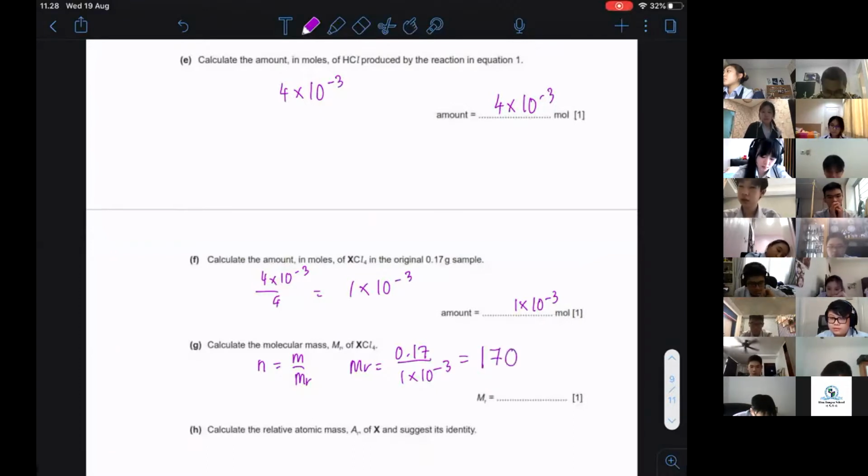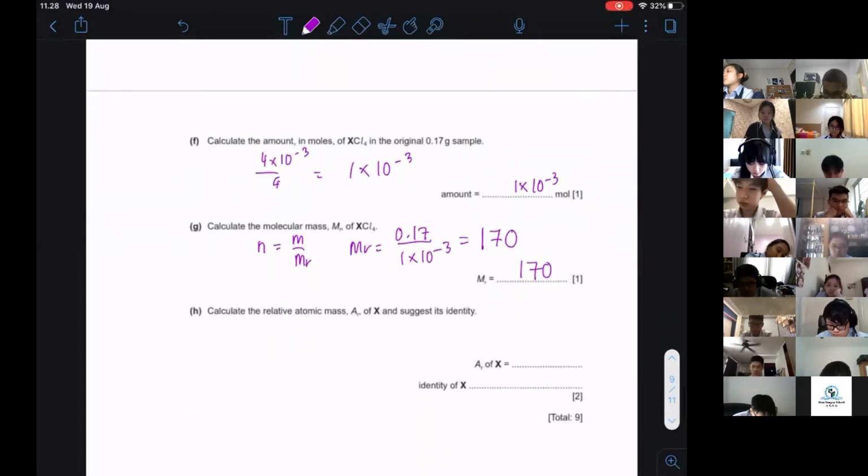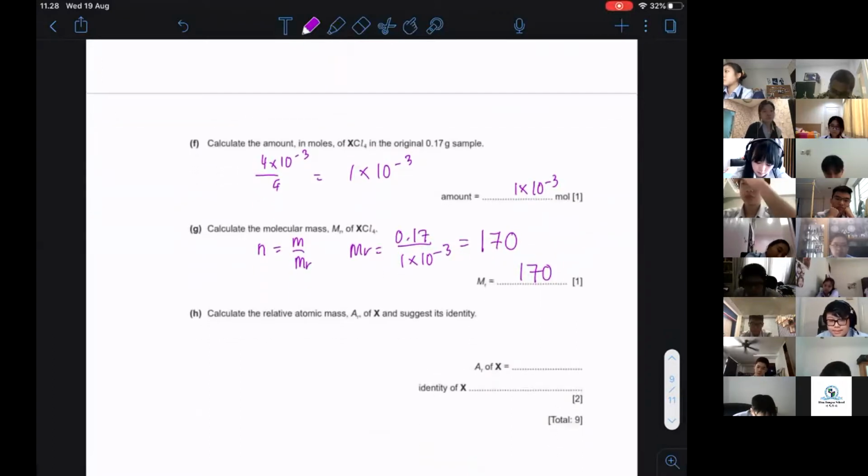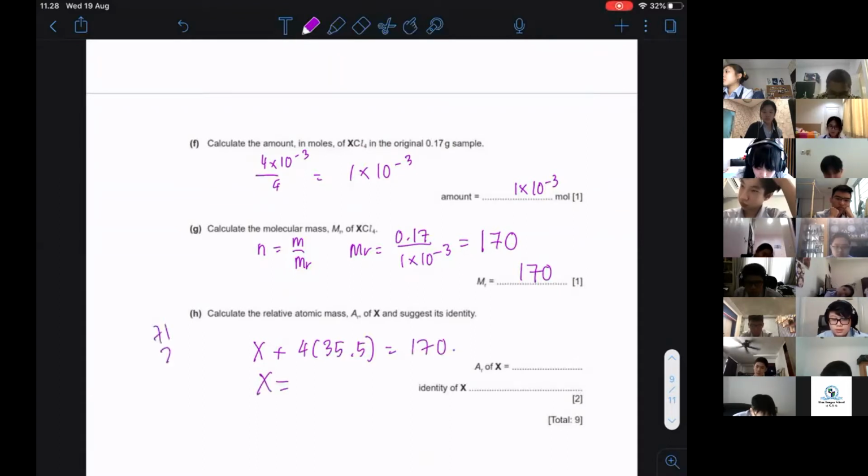And then they say you calculate the relative atomic mass of X. So X plus 4 times 35.5 equals 170. 4 times 35.5 is 142. 170 minus 142, you will get 28.